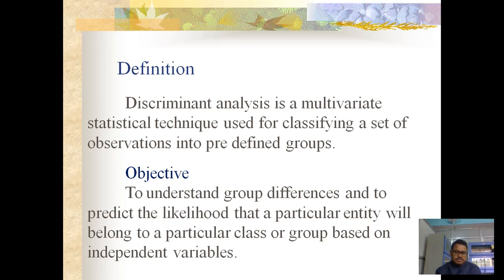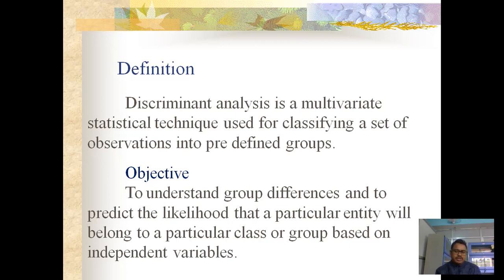So the objective of discriminant function analysis is to understand group difference and to predict the likelihood that a particular entity will belong to a particular class or group based on some predetermined characteristics, which we also call the independent variable. So when we want to perform a linear discriminant analysis, we would like to identify some characteristics based on which the observations can be segmented in different groups.